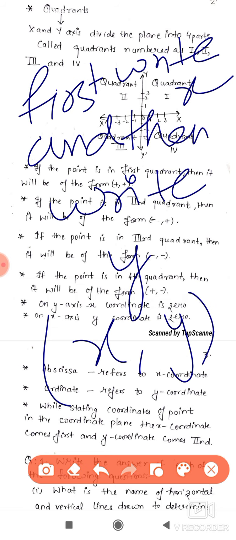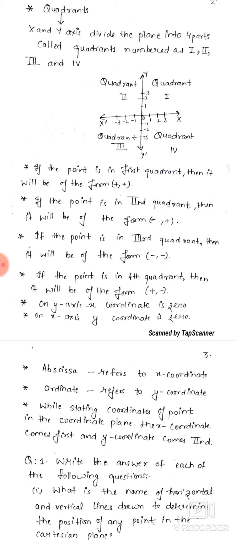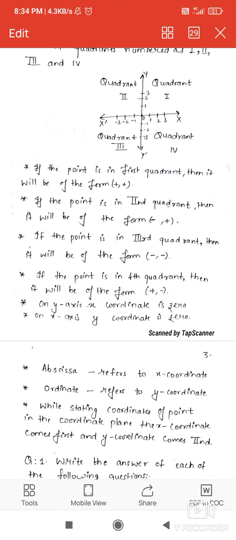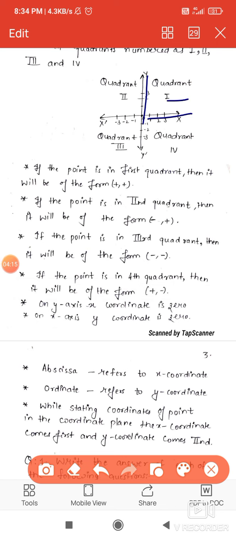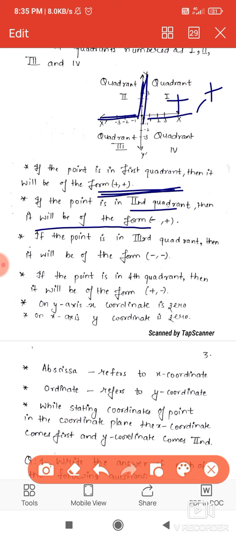So here we are discussing the positions in these quadrants. In the first quadrant, x is positive and y is positive, so the point position will be of the form plus, plus. In the second quadrant, with negative x-axis and positive y-axis, the point position will be of the form minus, plus. If the point is lying in the third quadrant, then it will be of the form minus, minus. If it is lying in the fourth quadrant, then it will have positive x and negative y, so plus, minus.